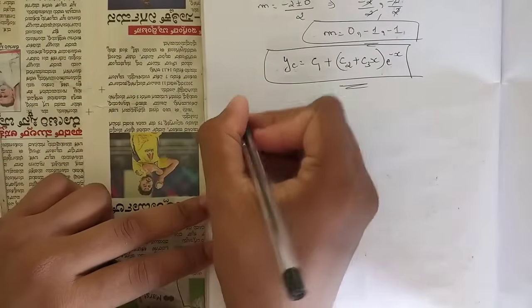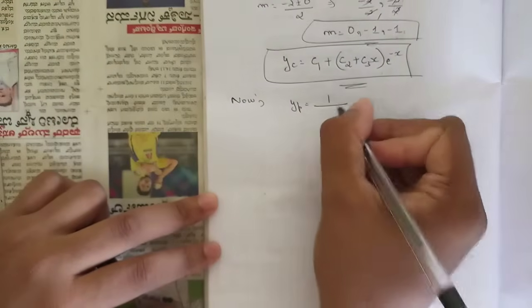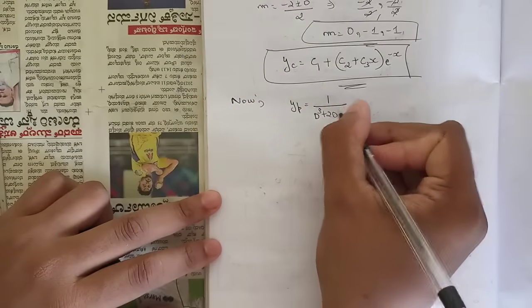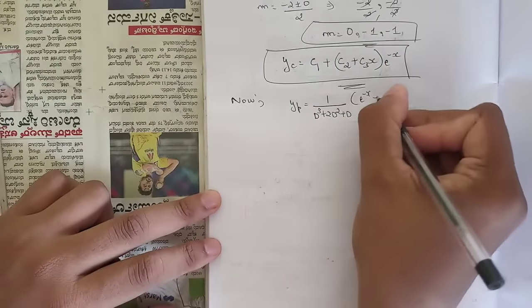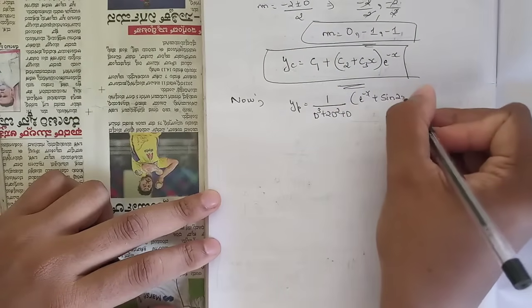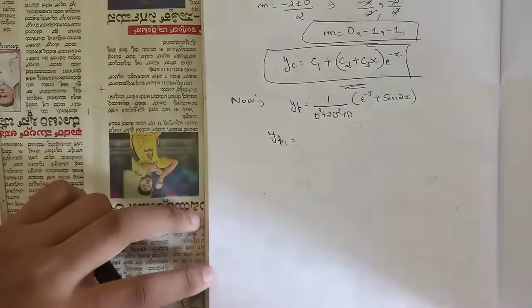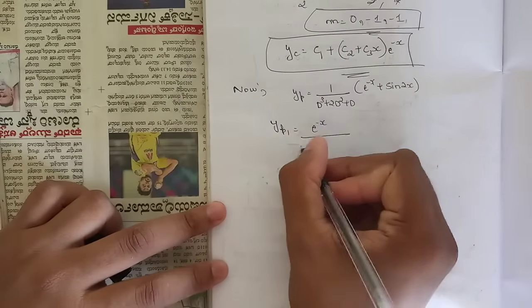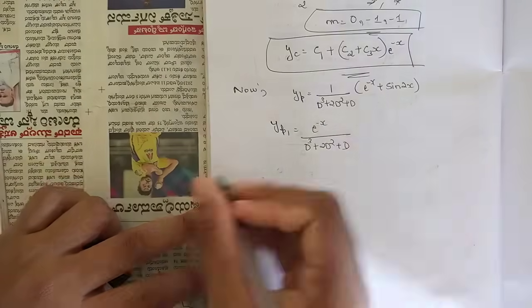So now we need to find the particular integral, that is 1 by f of d, here d cube plus 2d square plus d, into e to the power minus x plus sine 2x. Now first consider e to the power minus x, so first we need to find yp1, that is e to the power minus x divided by d cube plus 2d square plus d.